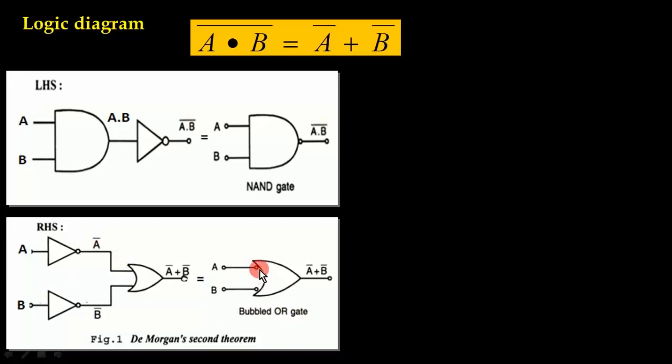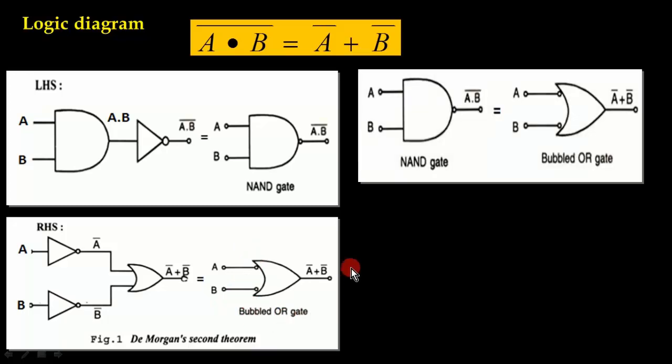So we draw bubbles at the input of this OR gate, and we call this a bubbled OR gate. Therefore, from De Morgan's second theorem, we come to know that the NAND gate is equivalent to the bubbled OR gate.